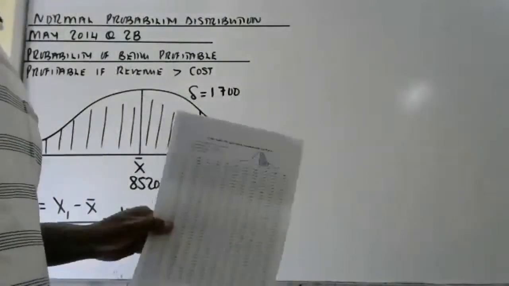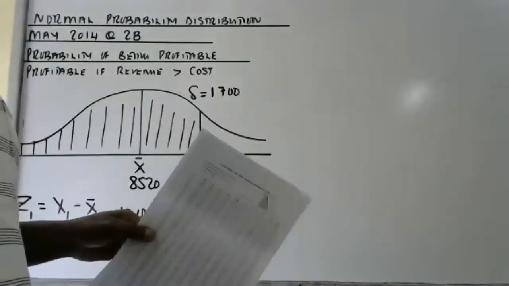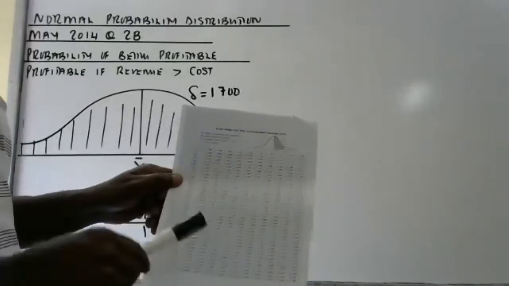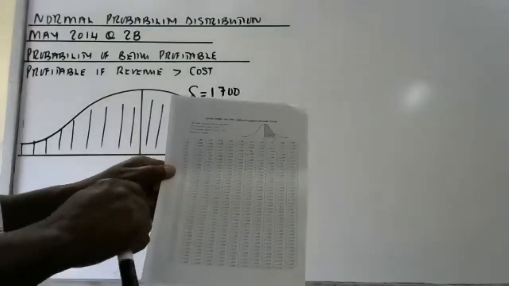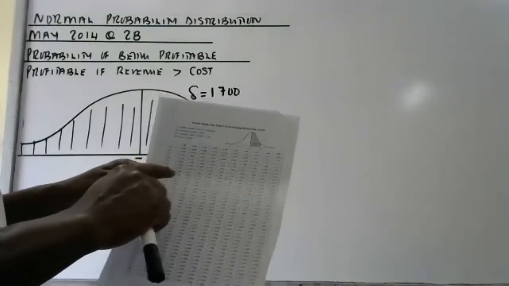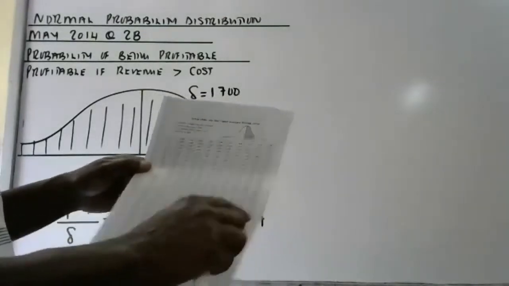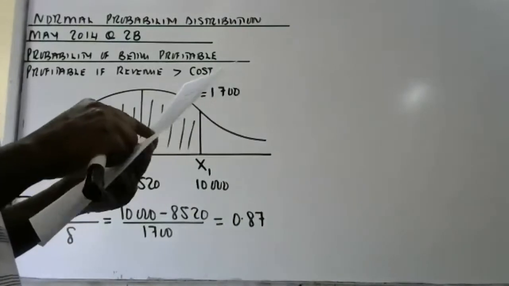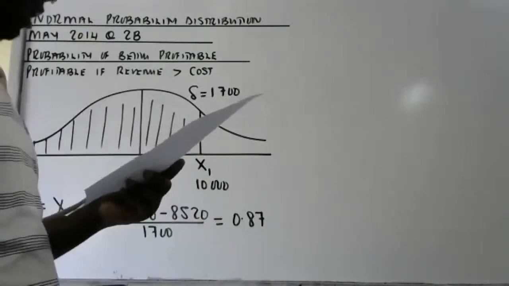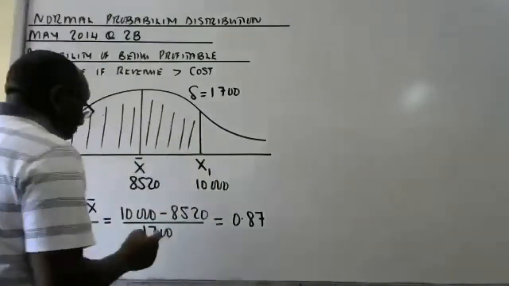So I sent you a copy like this. What you do, you read this side 0.8 here, and then you go to 7. So where 0.8 meets 7, it is 0.3078.